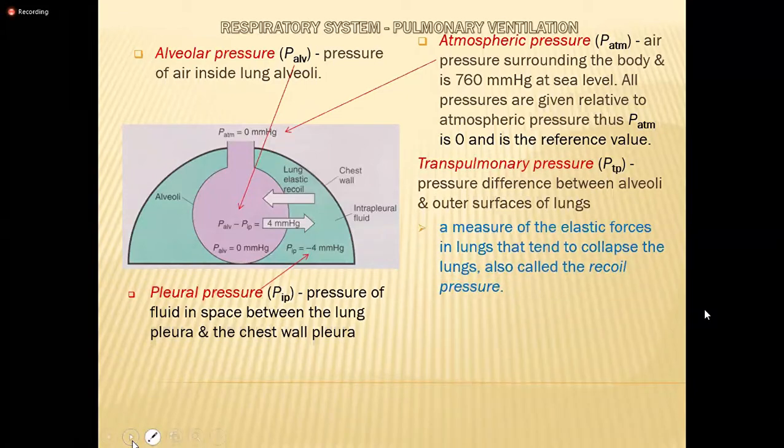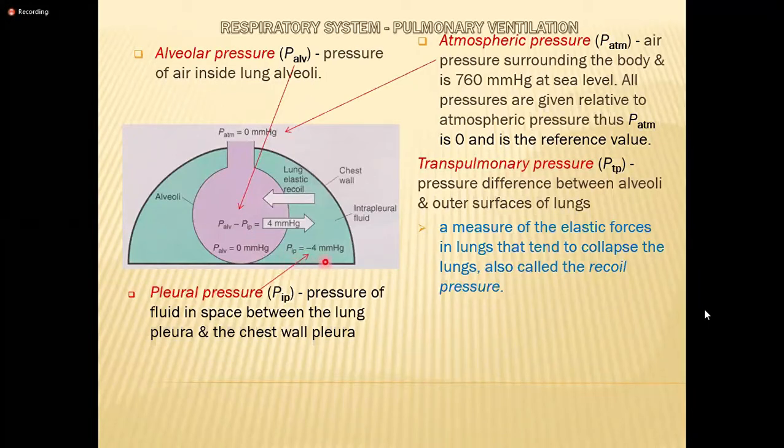This is a measure of the elastic forces in the lungs that tend to collapse the lungs, also called your recoil pressure. Your alveolar pressure minus your intrapulmonary pressure is your transpulmonary pressure.